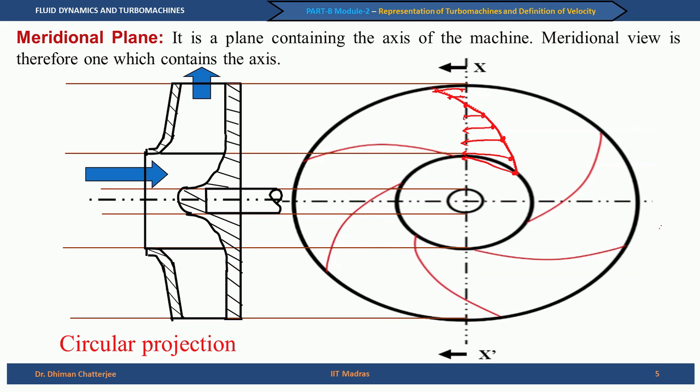However, if we take a circular projection, by which I mean that all the points on this blade are projected along a circle onto this line x prime, then I will get the picture on the left, which is known as the meridional view. This is the most useful view in turbo machines, and you will come across these views quite often in the course of the lectures that I will be giving.